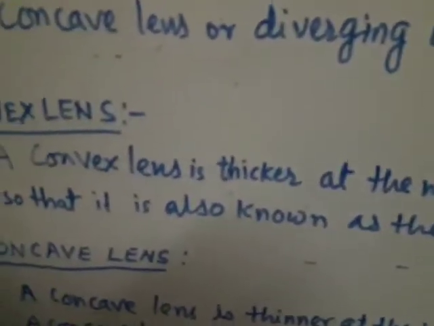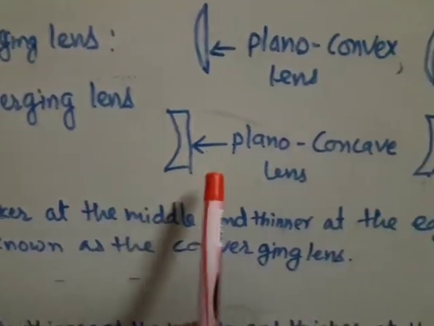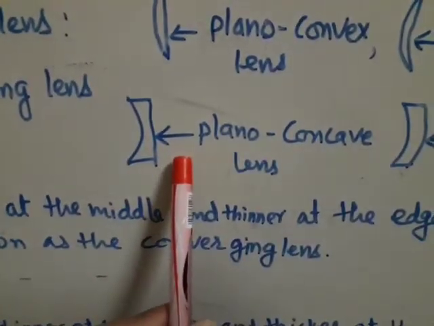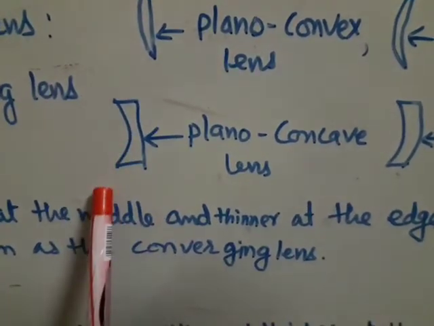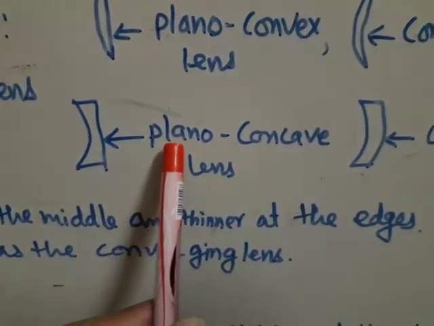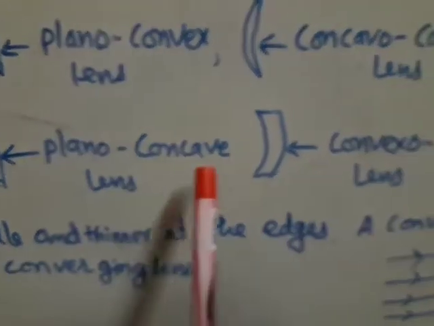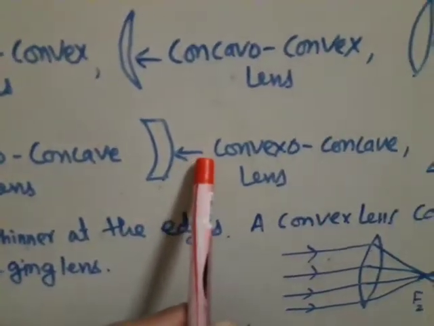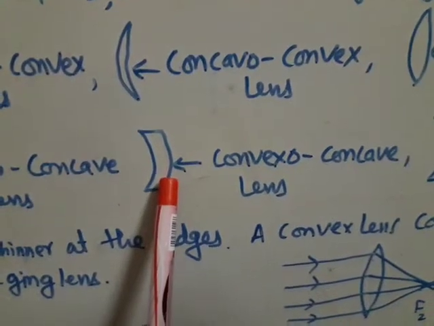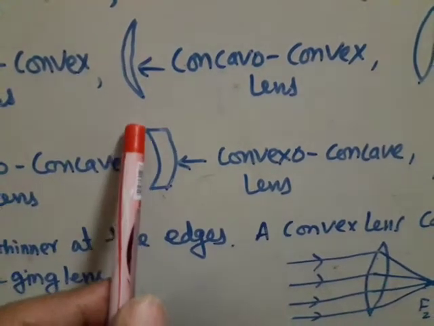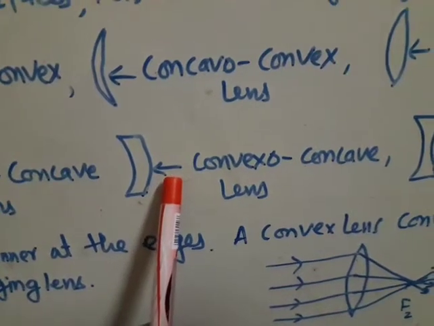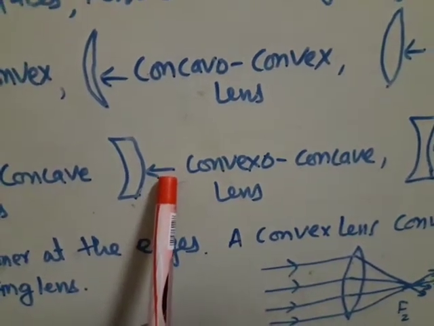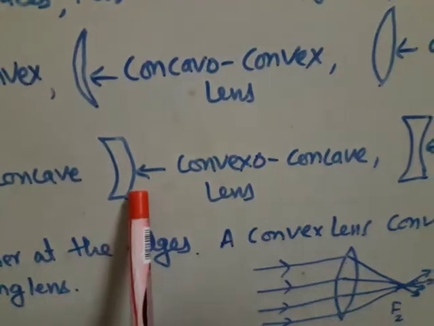And also the concave lens or diverging lens is of three types. One is for which one surface is plane and the other is concave, so its name is plano concave lens. In this figure, one surface is convex and the other is concave, so it is named as convexo concave lens.